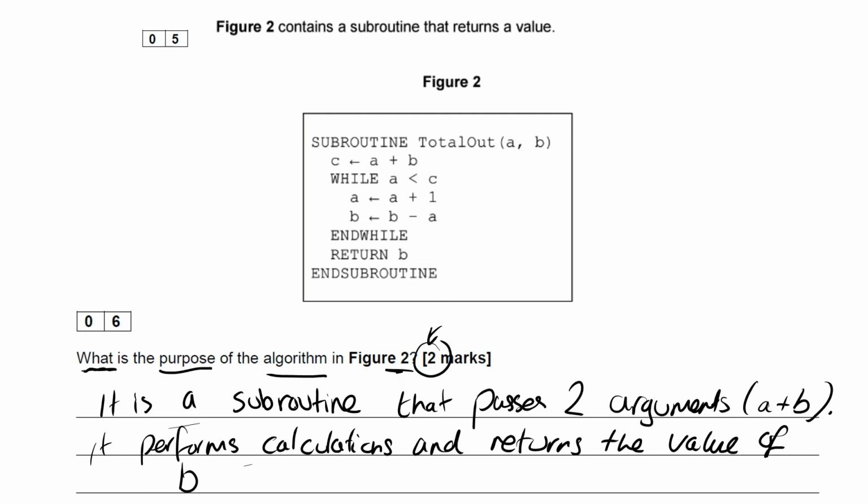It's a subroutine, it passes 2 arguments, there are your 2 arguments, A and B. It performs calculations, that's what's happening here, and it returns the value of B. So there's my 2 mark answer to that question.